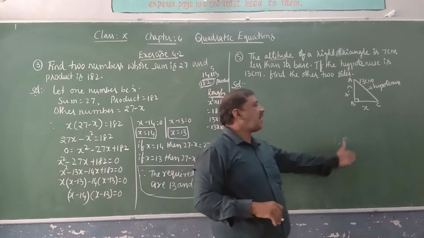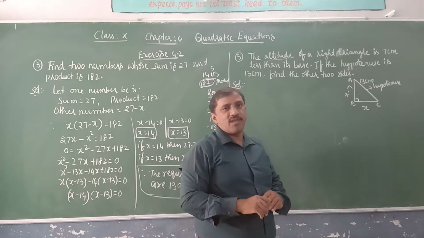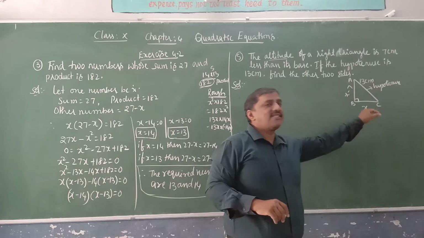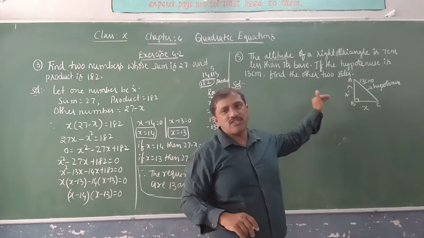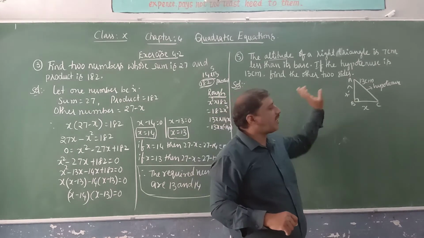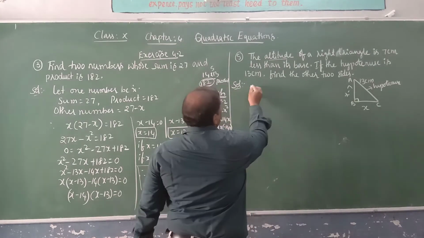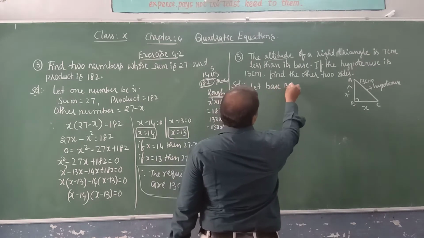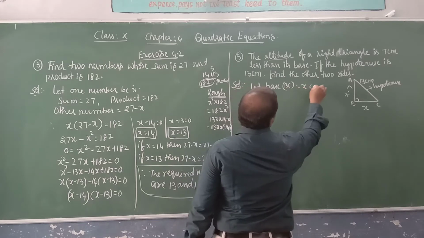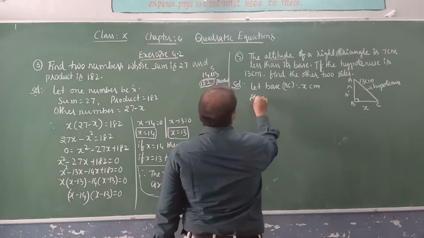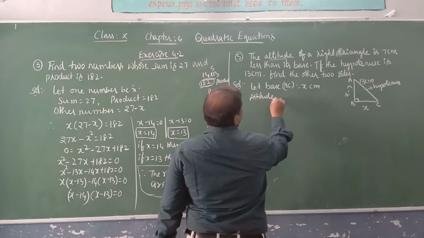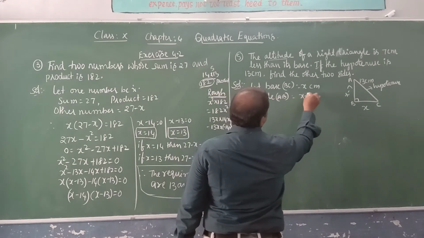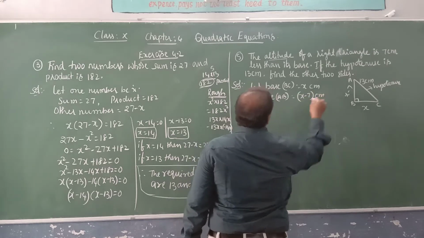Now, it is a right angle triangle. Apply the Pythagoras theorem. That is, in a right angle triangle, the square of the hypotenuse, that is AC square, is equal to the sum of the squares of the other two sides, AB square plus BC square. So let base BC be x centimeters. Altitude AB is 7 centimeters less, therefore it is x minus 7 centimeters.